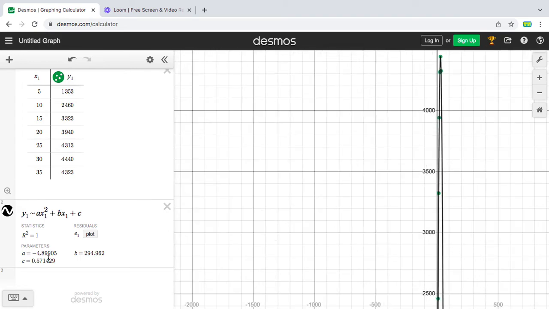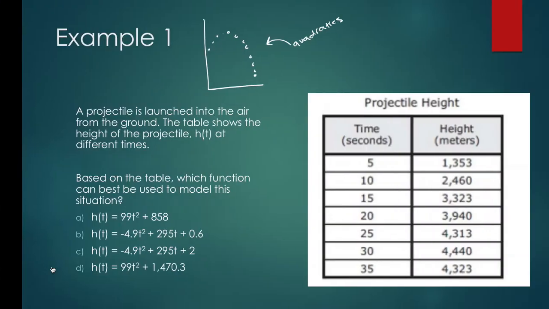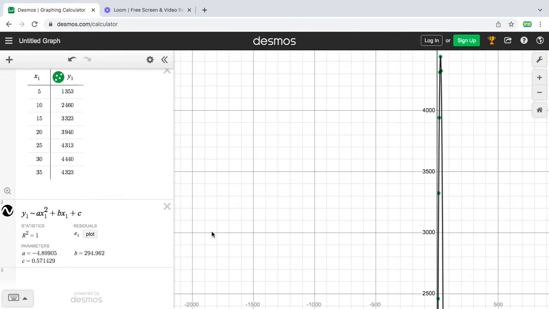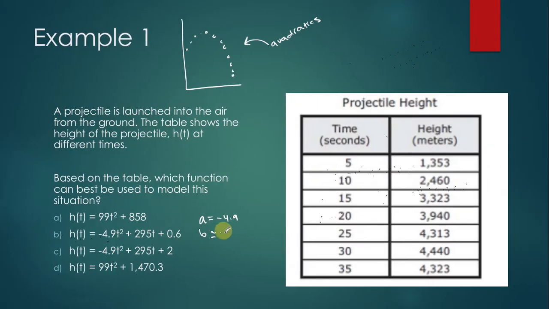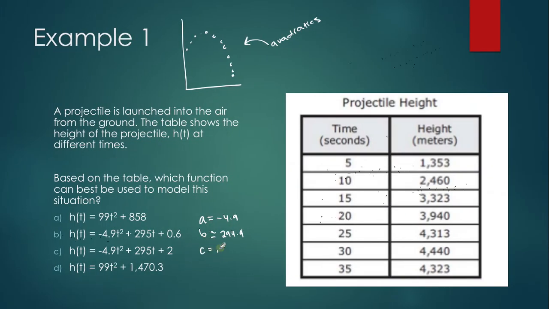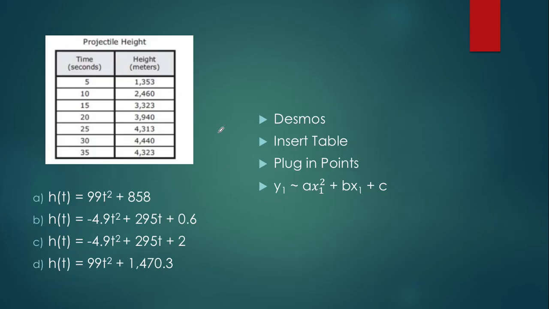But here's your A, your B, and your C. So your A value was negative 4.9. Your B value, 294.9. And your C value was roughly around 0.57 or 0.6. So looking at these A, B, and C's, my answer would be B. So it's literally letting Desmos do the work for you.